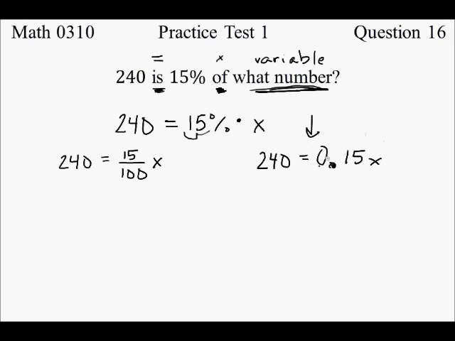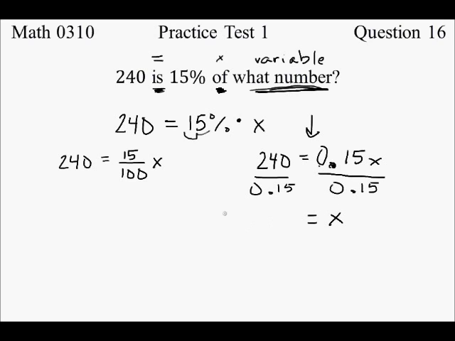All right, so here we have 0.15 times x, so we need to get rid of times 0.15. So we're going to divide by 0.15 over here. All right, and so here we get 0.15 over 0.15, that's going to give us just 1x over here.